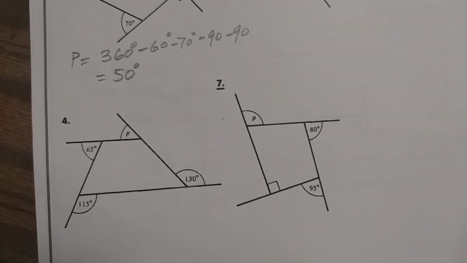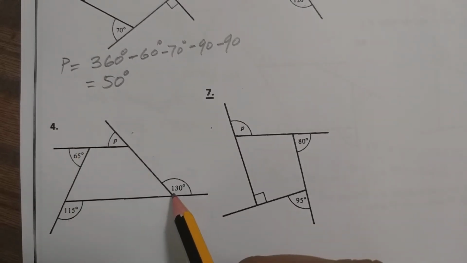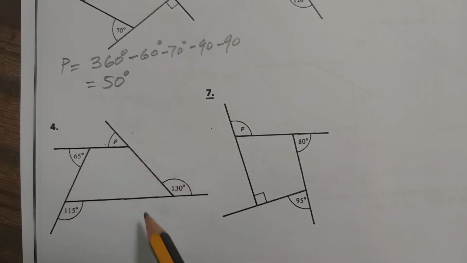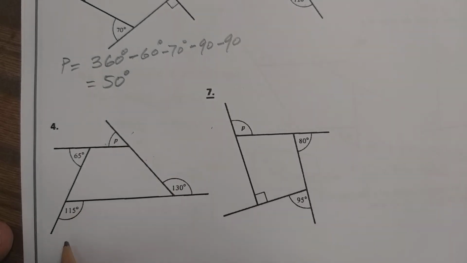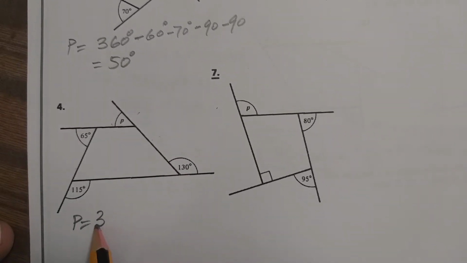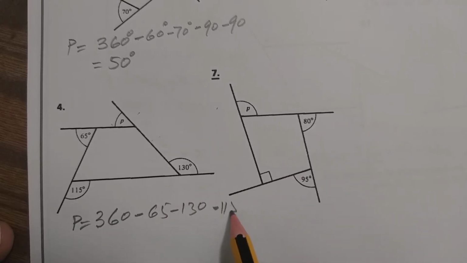In the next question again we need to find the p-value. We are given three angles, and we need to find the fourth missing angle because it's a quadrilateral. So p equals, because total exterior angles add up to 360, 360 minus 65 minus 130 minus 115.